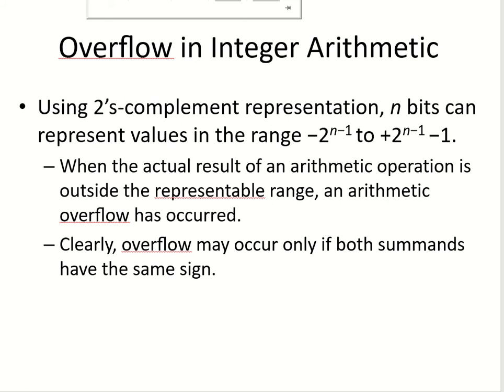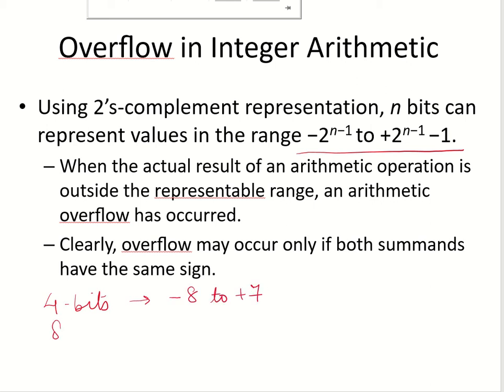If I'm using n bits for representation in a 2's complement form, the range of values that I can represent is minus 2 to the power of n minus 1 to plus 2 to the power of n minus 1, minus 1. So if there are 4 bits that I'm using, my range would extend from minus 8 to plus 7.